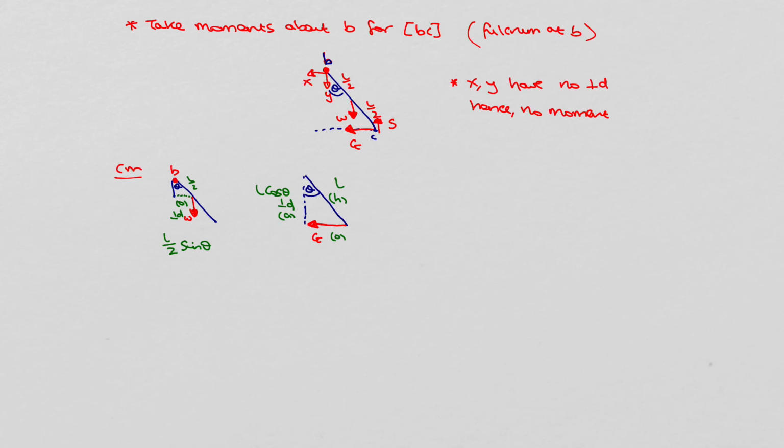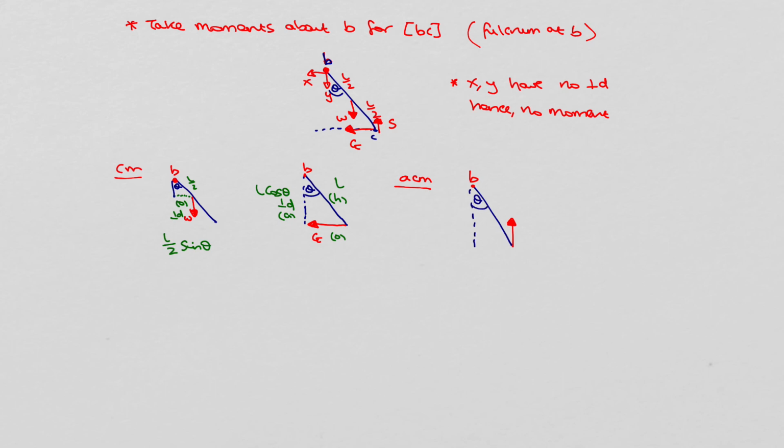And then if we're looking at the third force, well, the third force is S, which is going to be turning it in an anti-clockwise direction this time. So again, there's S. This is going to pull it up and around in an anti-clockwise direction. But again, we're looking for what is the perpendicular distance. Well, there's theta.